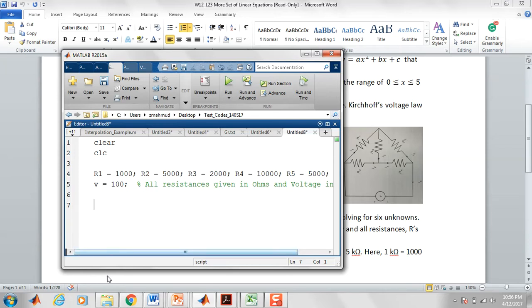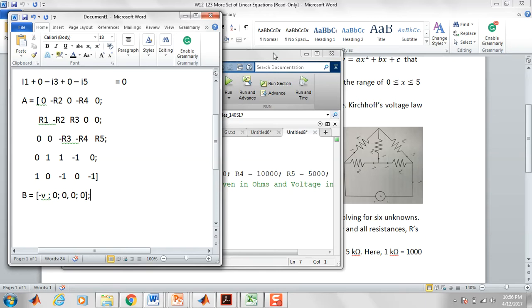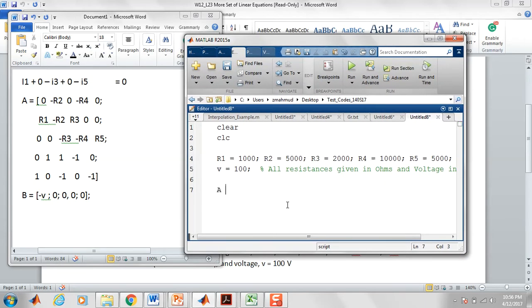So now I'm going to form that A matrix. I'm going to open up that Word document that I had before. So I am going to keep it here, and then it will be easy to write my A matrix now. So A would be first 0, and then minus R2, and then I have 0, then I have negative R4, and then I have 0. So I'm going to put a semicolon. Then you can actually enter, so it looks like a matrix.